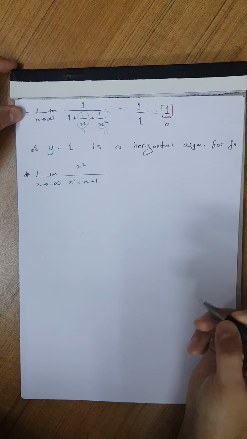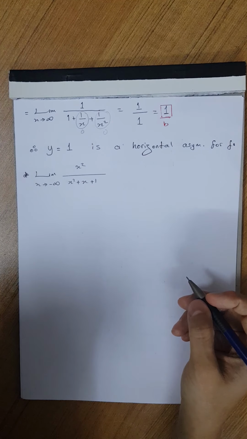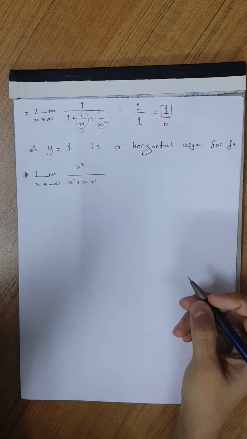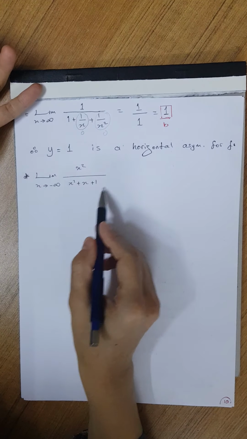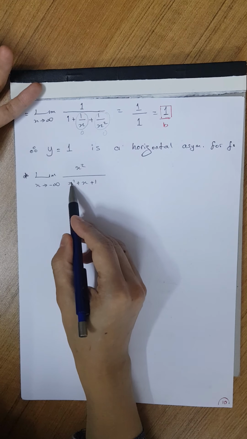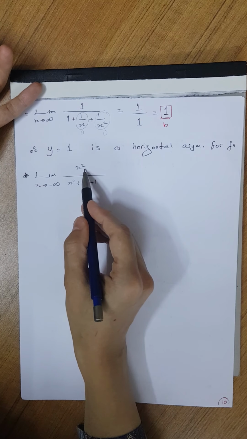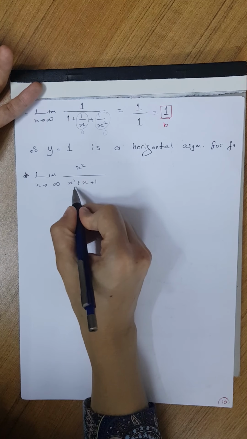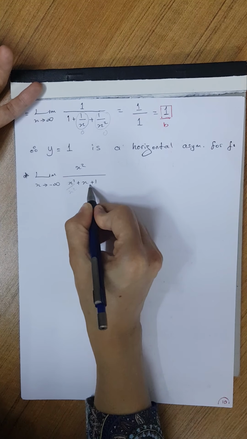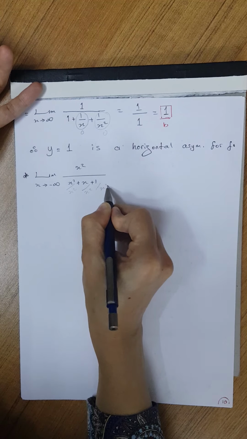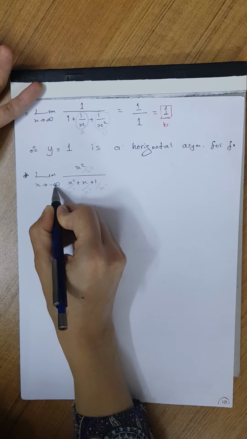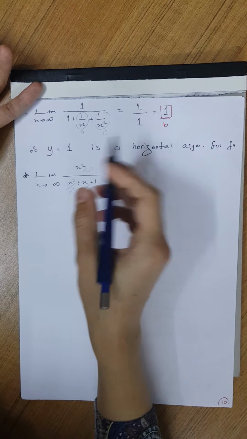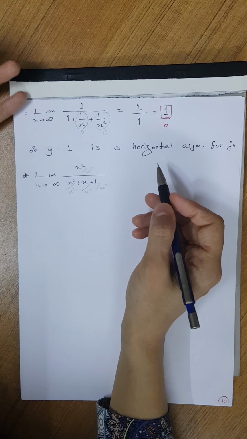In the previous one, what was the procedure we did? We were looking for the highest power of the denominator, that's equal to x squared, dividing all the terms by x squared. Here you can do the same procedure. The highest power of the denominator is again x squared, because when x is approaching infinity or negative infinity, that's the procedure we are doing for the limits.